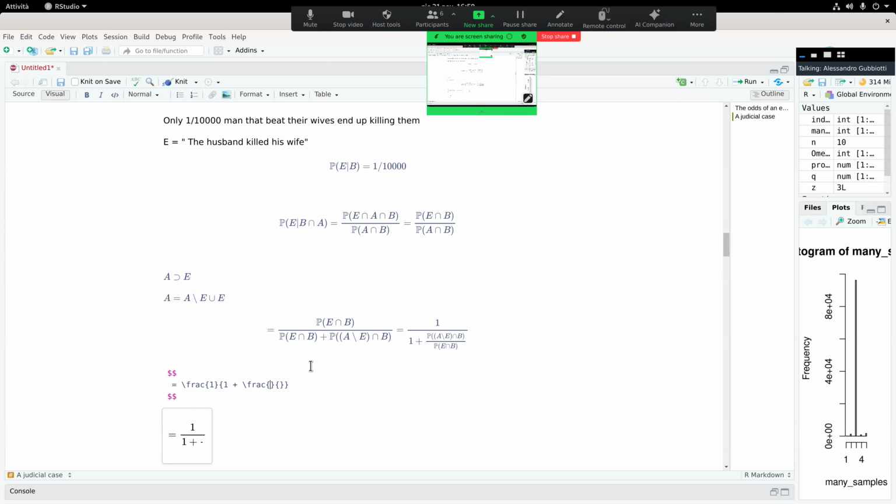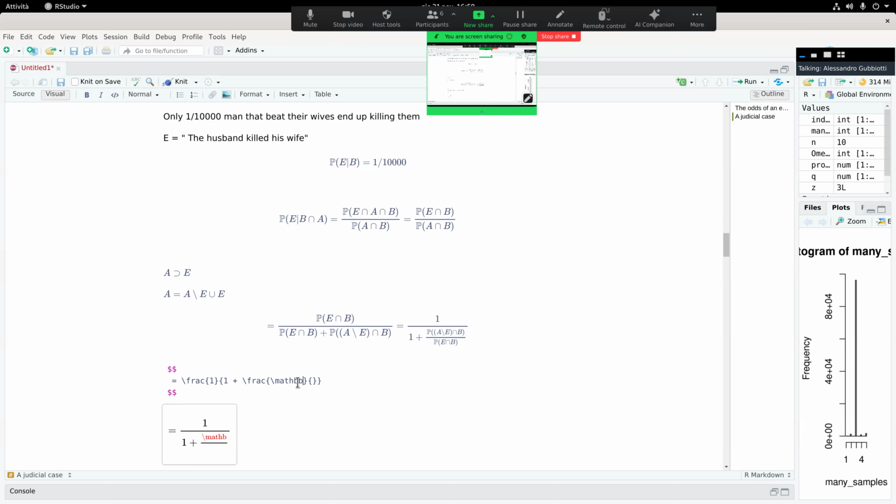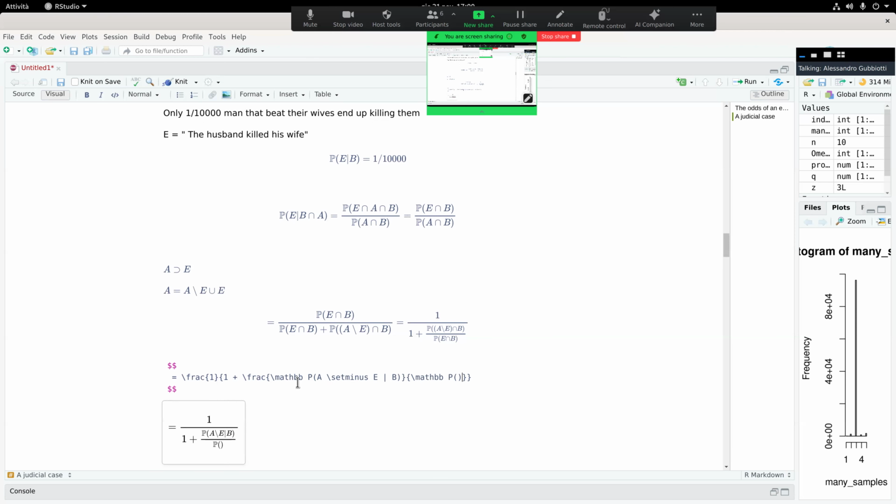It's simply multiplying and dividing by B in this fraction, and we obtain on the numerator the probability of A minus E given B, and on the denominator E given B.